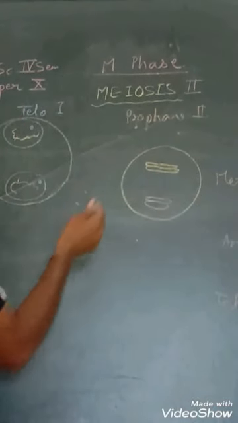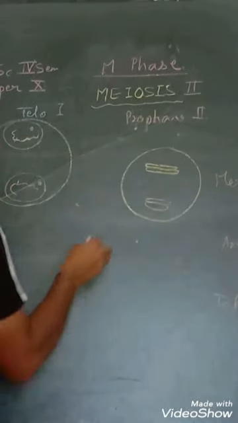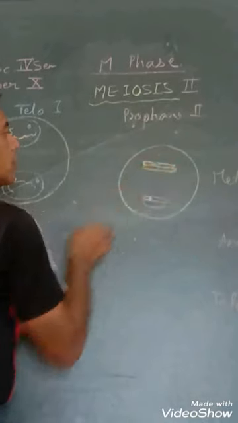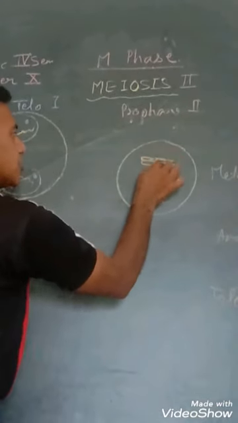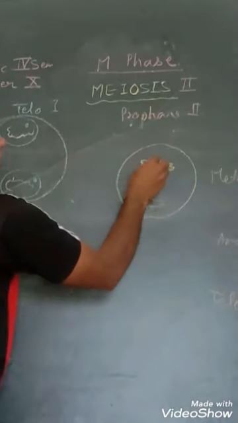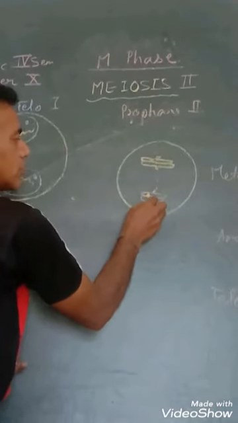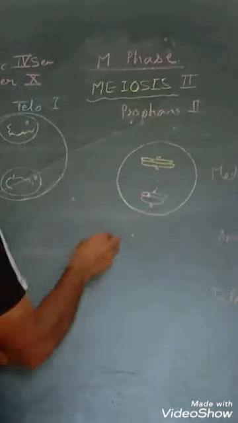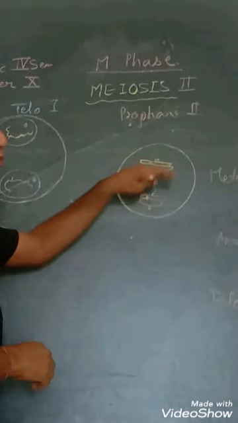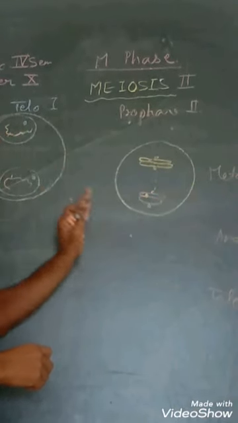Nuclear membrane and nucleolus disappear in the late prophase. The chromosomes get attached on the equatorial plate, an imaginary plate. The kinetochores attach with the spindle apparatus, and the chromosomes get ready for separation. Now these two sister chromatids will separate from each other.